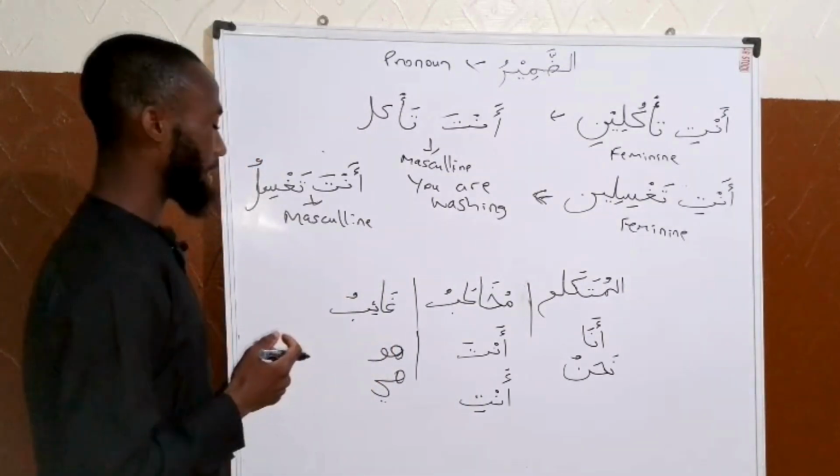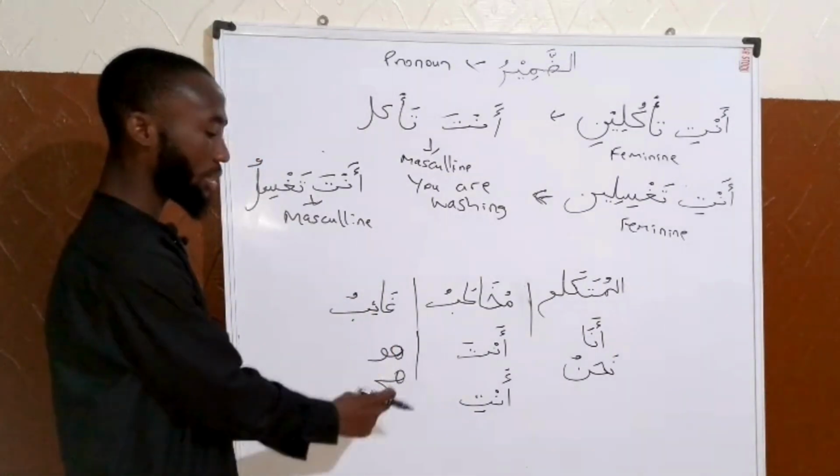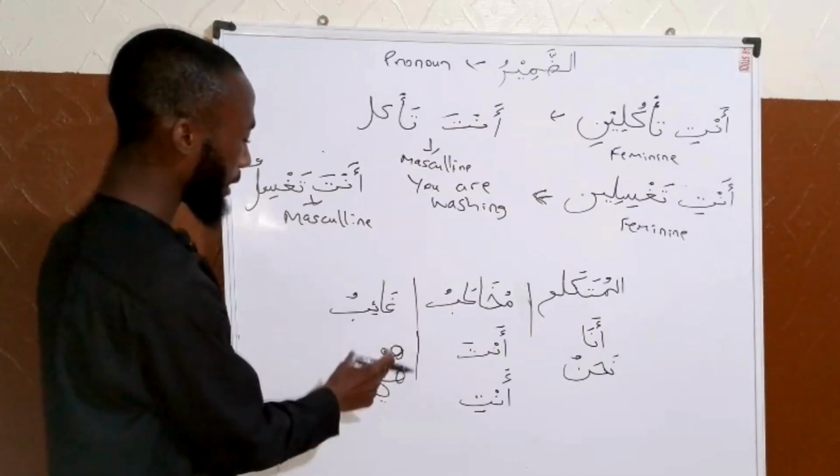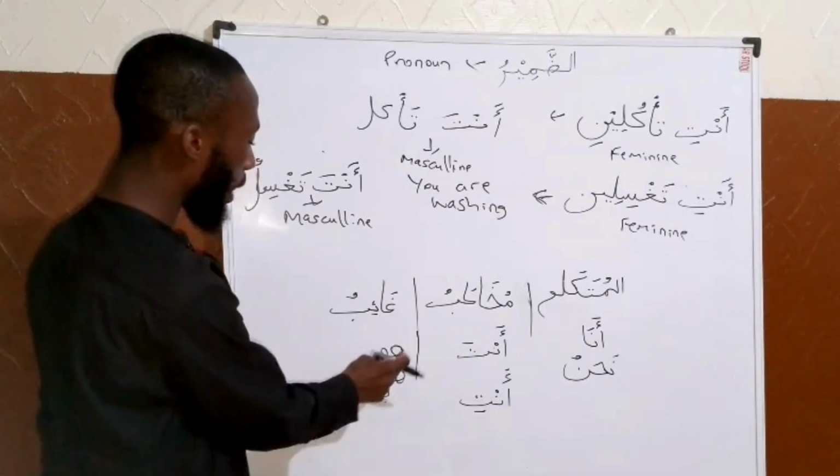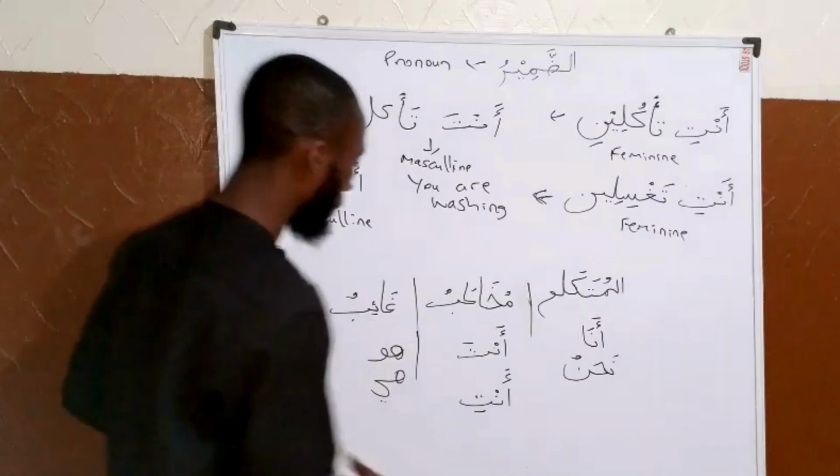Now, let's use ghaib on the two examples that I bring out, which are huwa and hiya. Huwa.